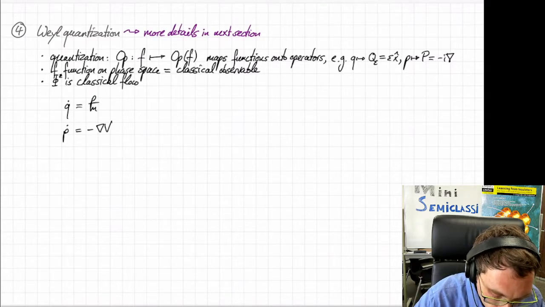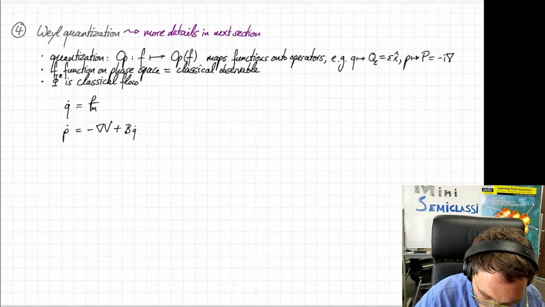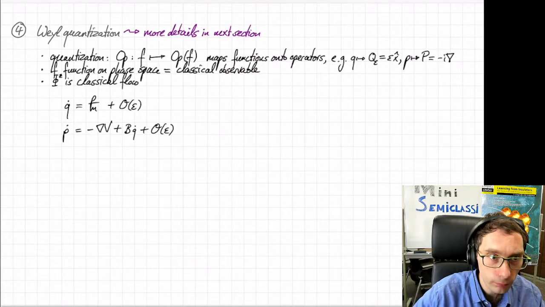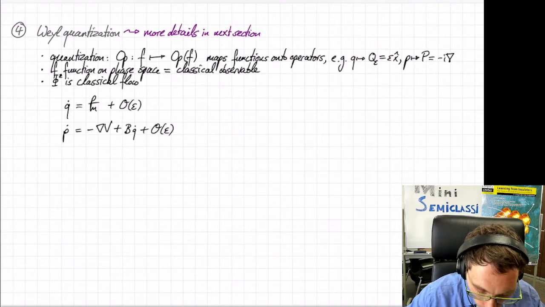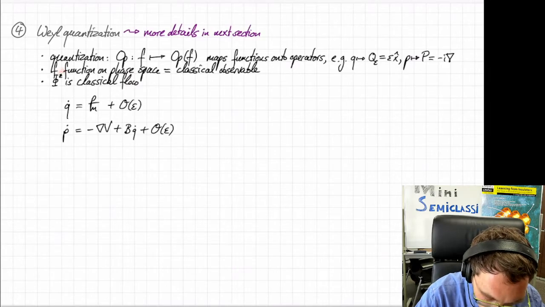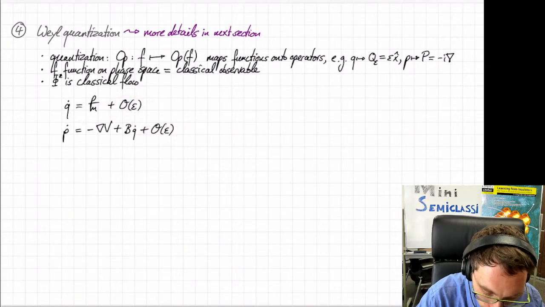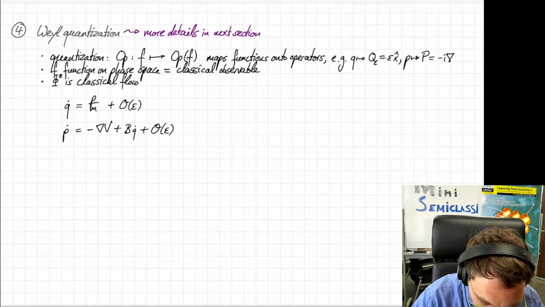And for good measure, we could also include a magnetic field. And we might even introduce some order epsilon corrections here if we wanted to. That's why I put an epsilon here. So I might include these epsilon corrections.